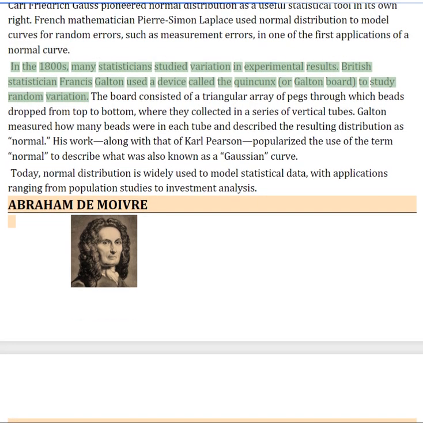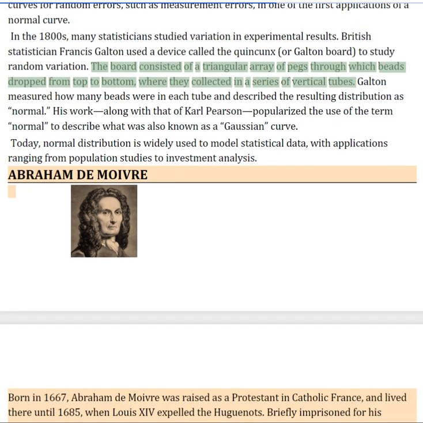In the 1800s, many statisticians studied variation in experimental results. British statistician Francis Galton used a device called the quincunx to study random variation. The board consisted of a triangular array of pegs through which beads dropped from top to bottom, where they collected in a series of vertical tubes.